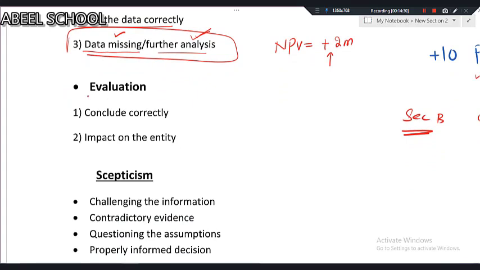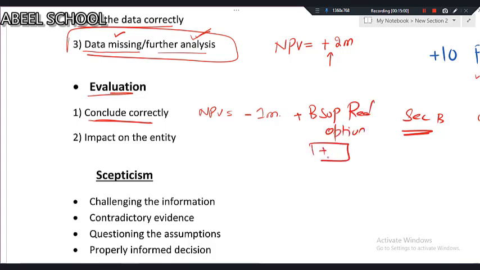Now let's talk about evaluation. Conclude correctly. For example, the NPV is negative 1 million. So obviously you will be writing that on the basis of traditional NPV, which is negative, this project should be rejected because it will decrease the wealth of shareholders. But it is also possible that after incorporating the BSOP real option value, the overall NPV becomes positive, then you will be right.